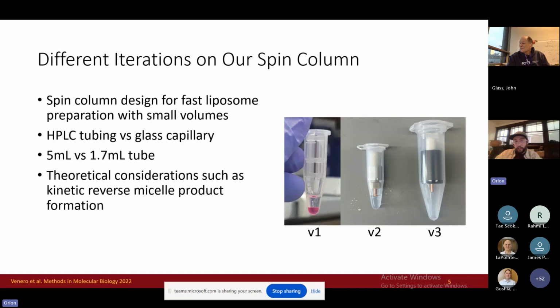There are also some theoretical considerations with this liposome formation method apart from others.